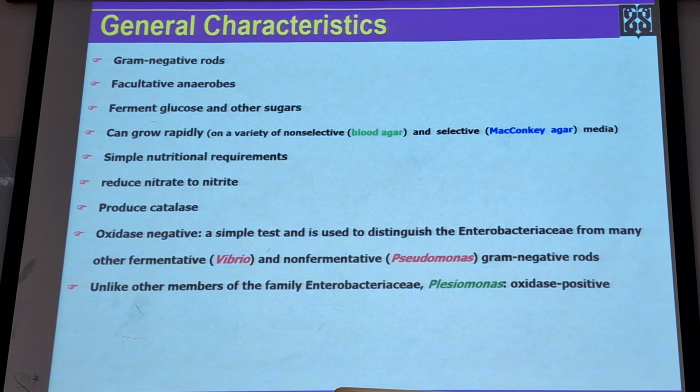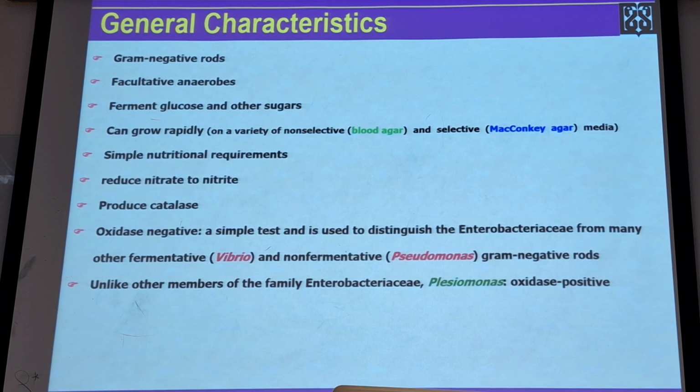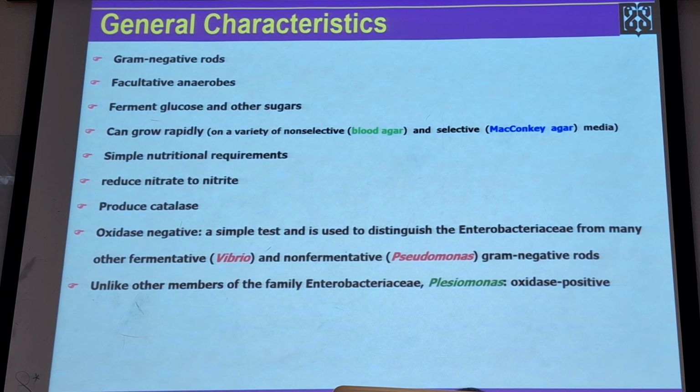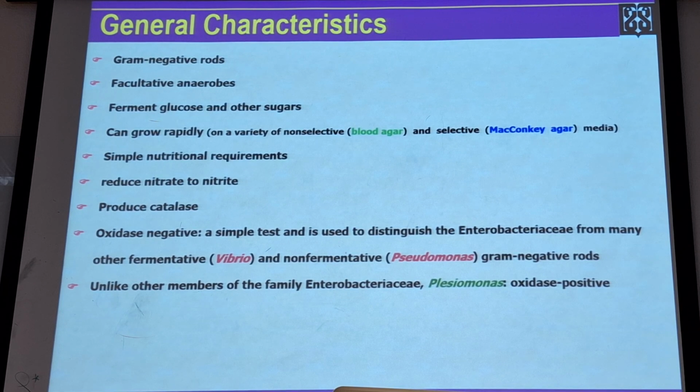Vibrio and Pseudomonas are oxidase positive, but the members of Enterobacteriaceae are oxidase negative. Unlike other members of the family Enterobacteriaceae, Plesiomonas is oxidase positive. Plesiomonas belongs to the Enterobacteriaceae family and is the only genus that is oxidase positive.